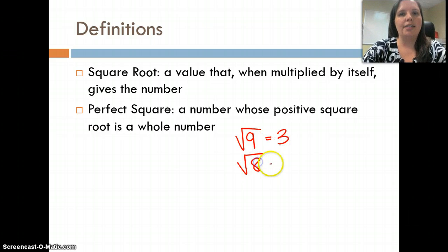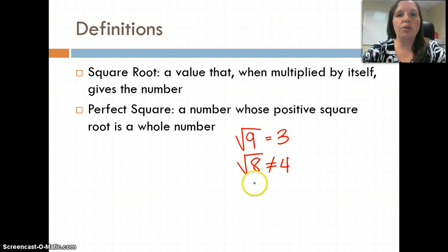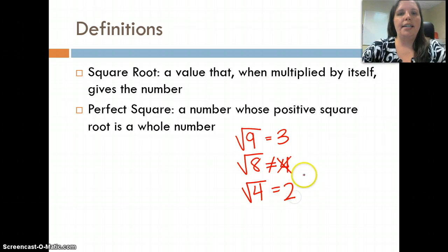Square root of 8, it's not 4, it's not half of 8. It's what number times itself gives me 8. Well, that's not a whole number. It's a number that falls between, so if the square root of 4 is 2, it's somewhere in between 2 and 3, but it's not exactly a whole number.